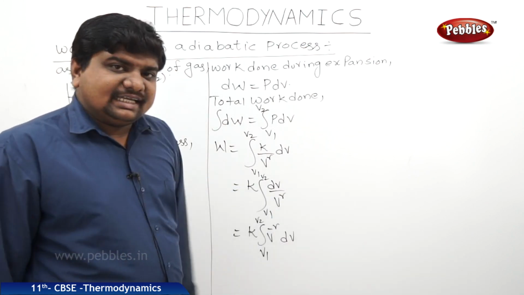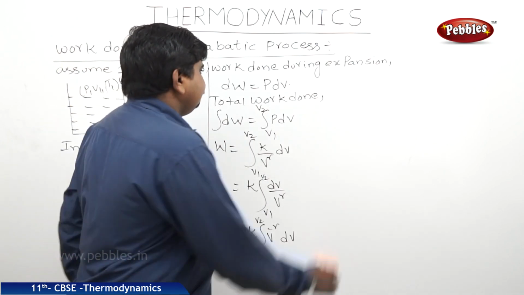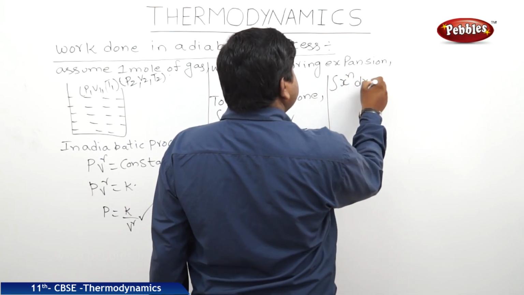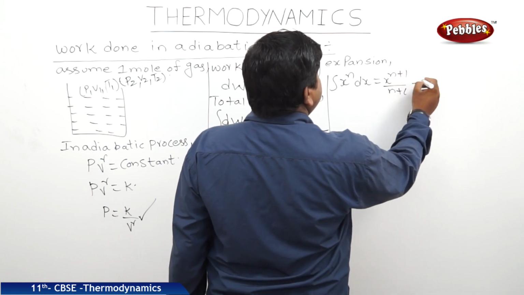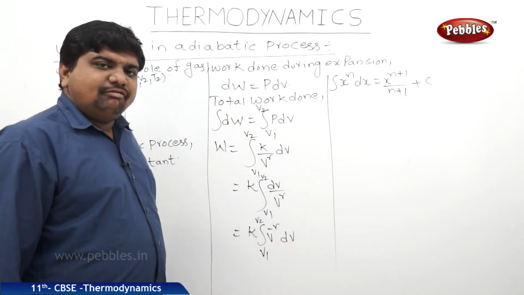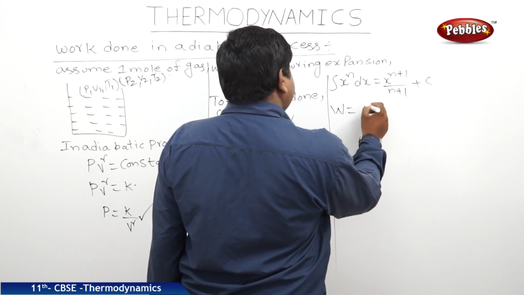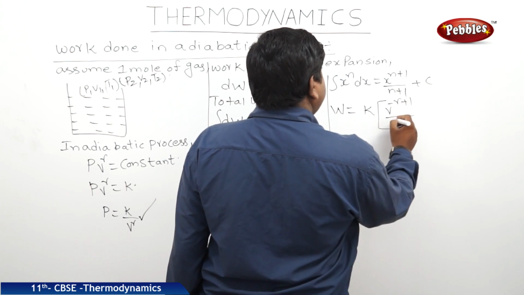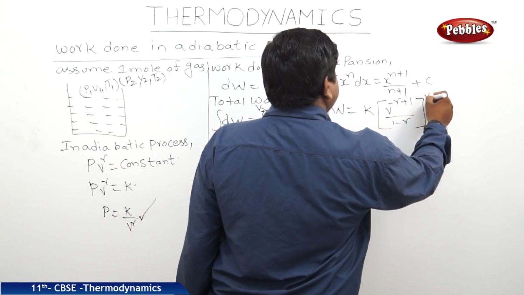So we are using integral x power n dx is equal to x power n plus 1 by n plus 1, plus some constant. In place of x power n we have V power minus gamma. Therefore W is equal to K into V power minus gamma plus 1 by 1 minus gamma from the limits V1 to V2.